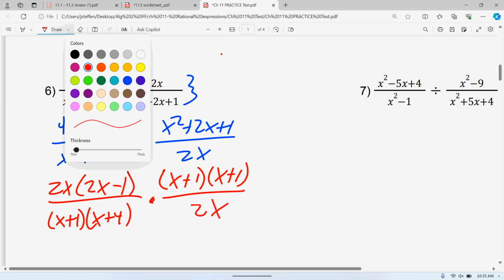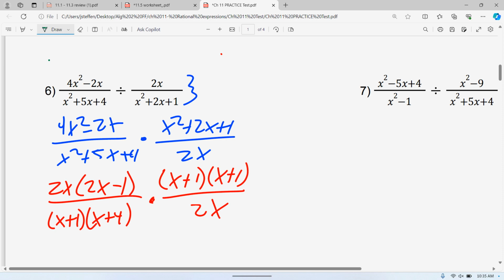Reduce all the factors, so it just stays 2x. Same thing we did on the other two. X plus 1 and x plus 1 cancel. 2x into 2x cancel. Nothing else cancels on this one.